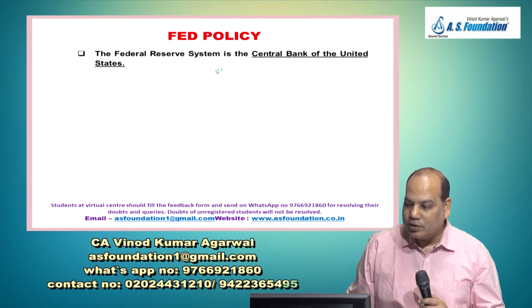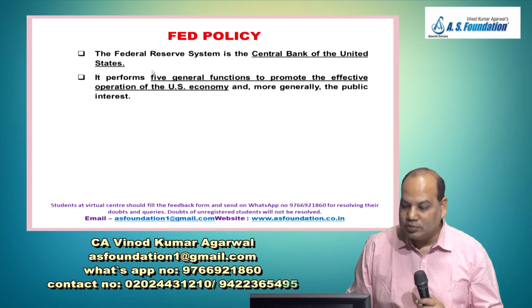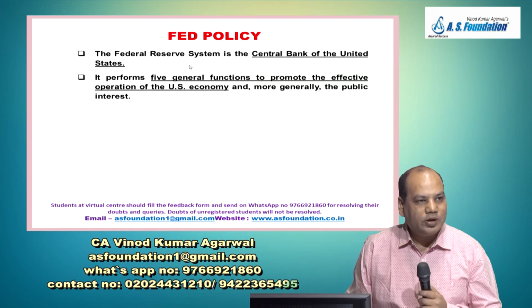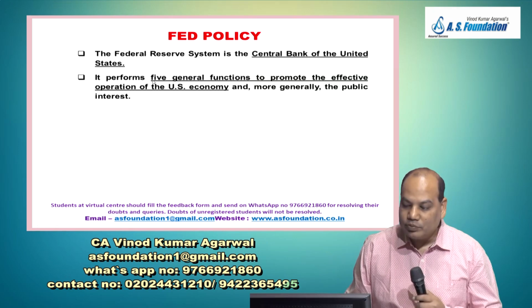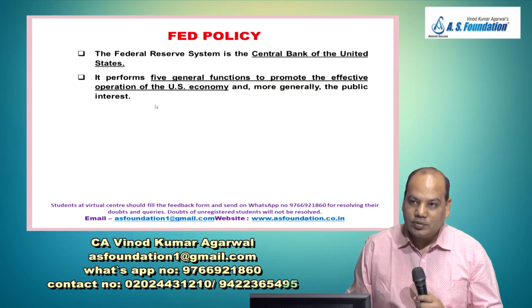So Federal Reserve System is the central bank of the US. That's very easy. By now you must be knowing it. In the first chapter also we had some discussion on Federal Reserve. It performs 5 general functions to promote the effective operation of the US economy and more generally the public interest.